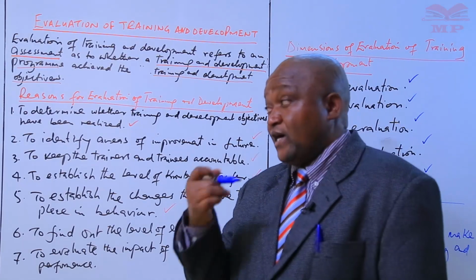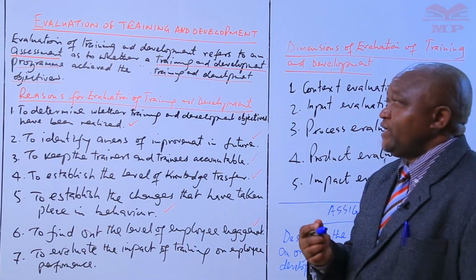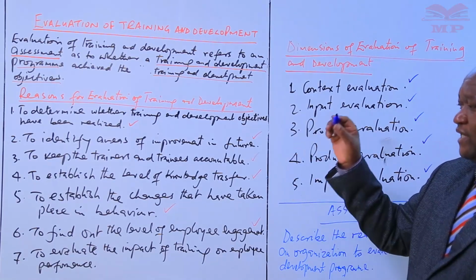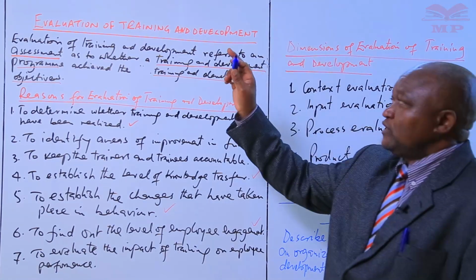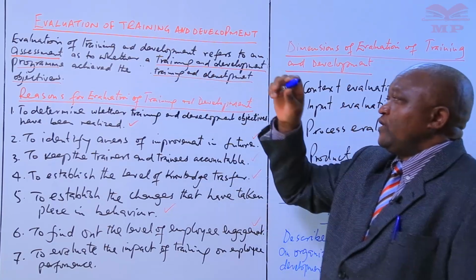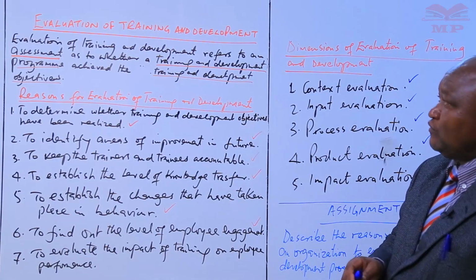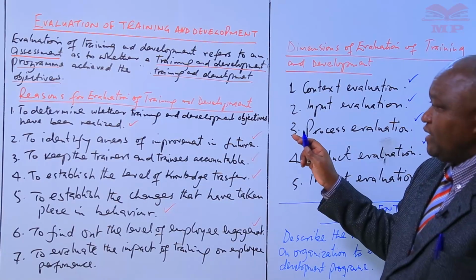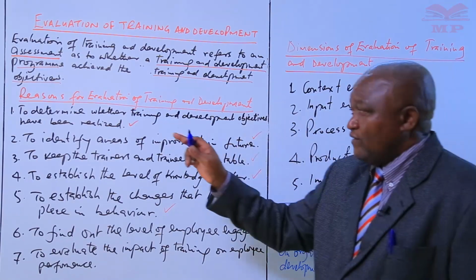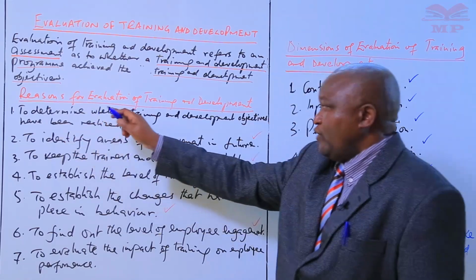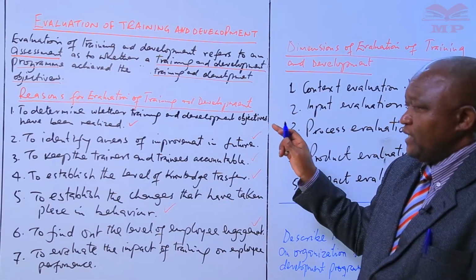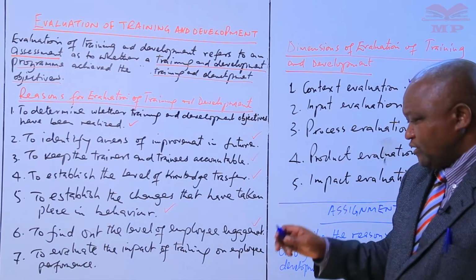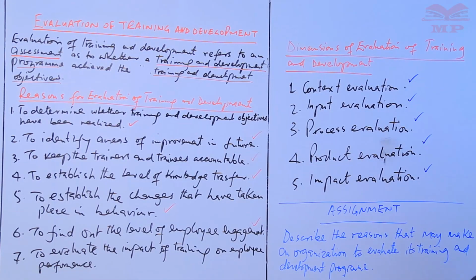So dear learner, we have come to the end of our lesson today, which was evaluation of training and development, where we have looked at the meaning of evaluation and evaluation of training and development, and reasons for evaluation of training and development, where we have looked at the first one, which was to determine whether training and development objectives have been realized, up to the last one, to evaluate the impact of training on employee performance.